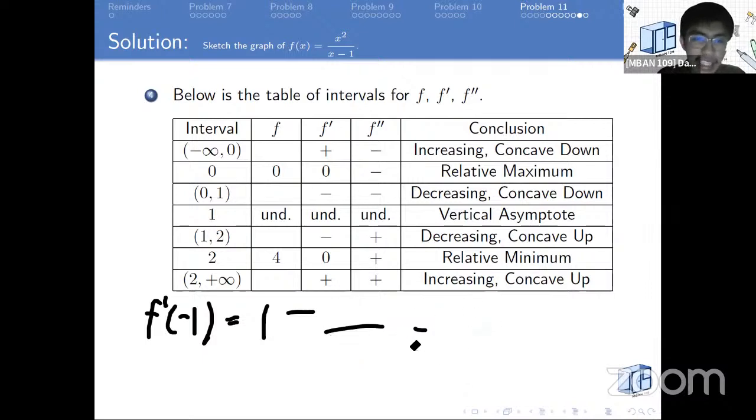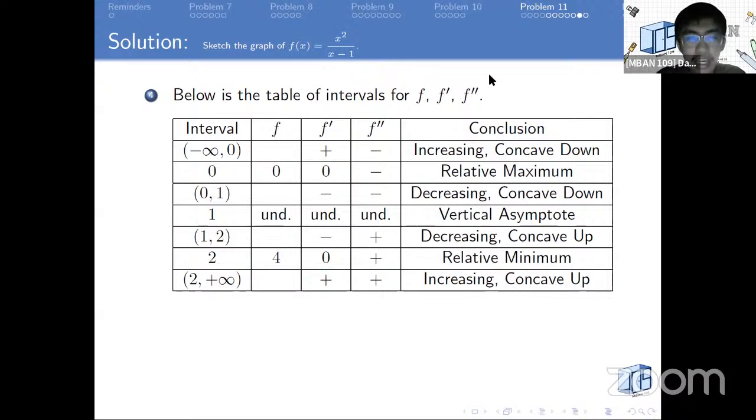Then dahil meron tayong f prime of x equals 1 minus 1 over square of x minus 1, undefined pa din yung f prime of x at x equals 1.